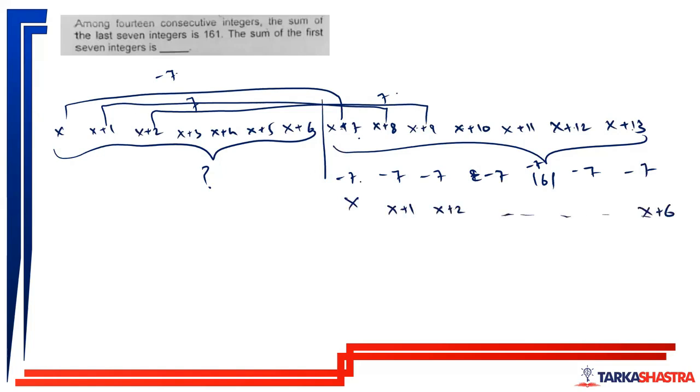And this is the sum which I need to find out, which is nothing but total 161 minus 7 times 7, so minus 49. It gives out 112. So the total sum is going to be 112. Simple, right? Try to understand it.